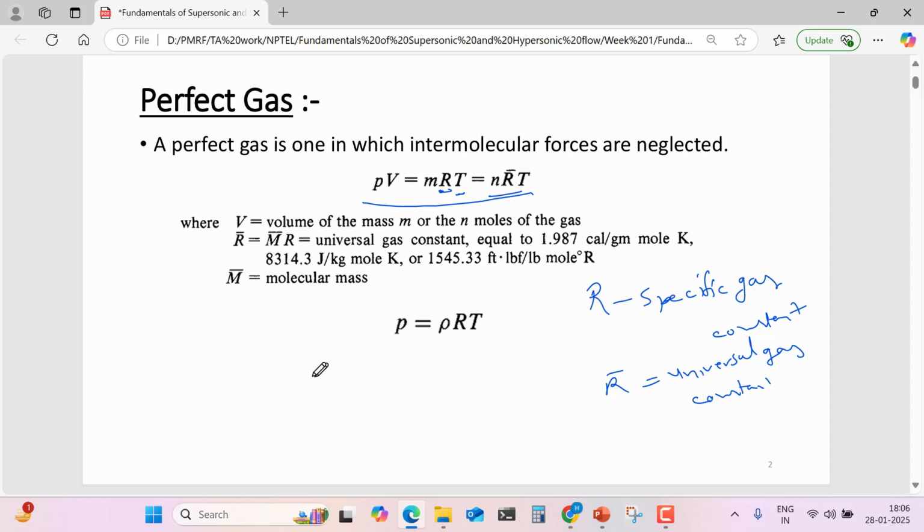And we can find R using the formula R equal to R bar by M, where M is the molecular mass. There is one other form of the equation also. If we divide this equation by capital V, then we'll get P equal to rho RT, where rho is the density.